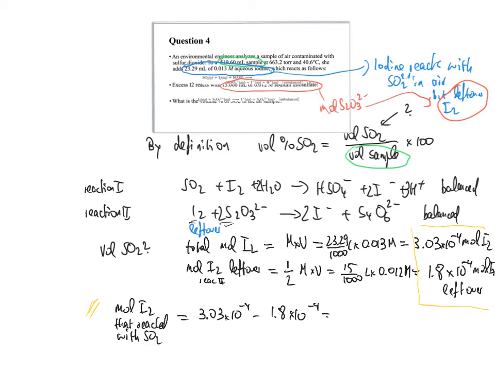If you calculate the difference of moles of I2, that gives you the moles of I2 that reacted with SO2, and that is the same as the moles of SO2. So that is great because that's the same as the moles of SO2 in my air sample.